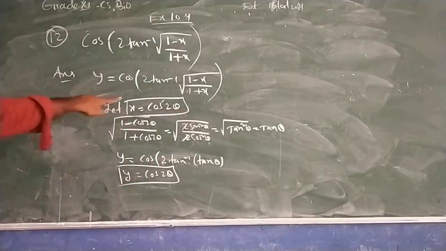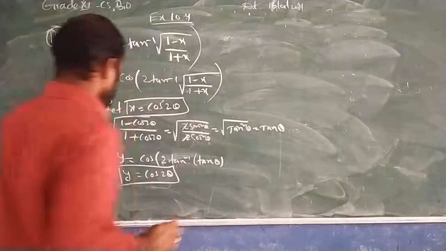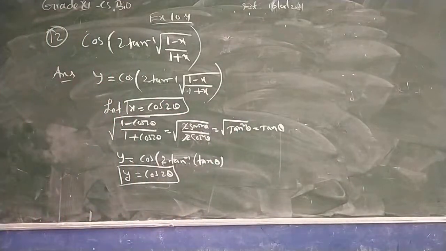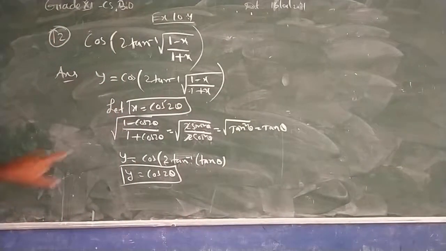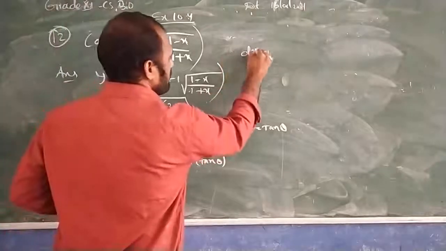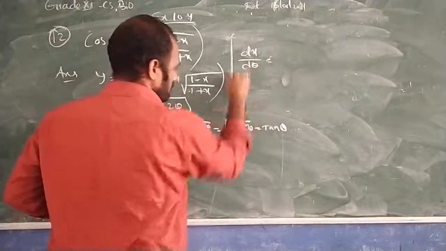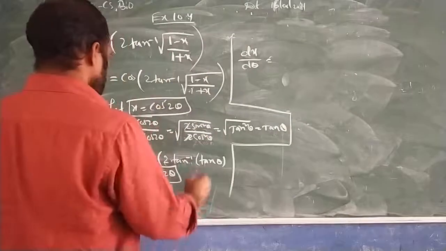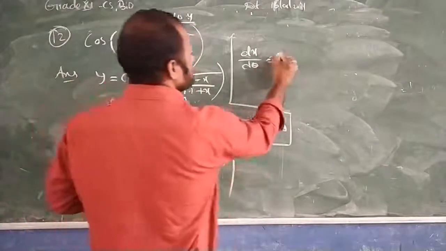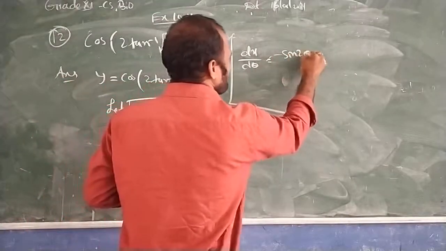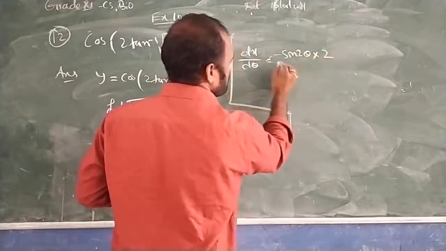If I differentiate x and y with respect to theta, dx by d theta: the derivative of cos is minus sin, so minus sin 2 theta into the derivative of 2 theta, which is 2.